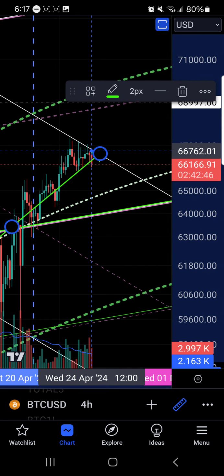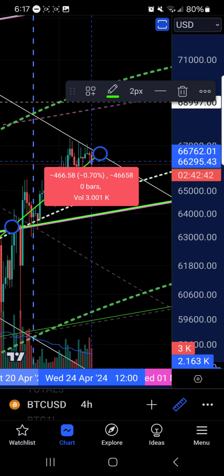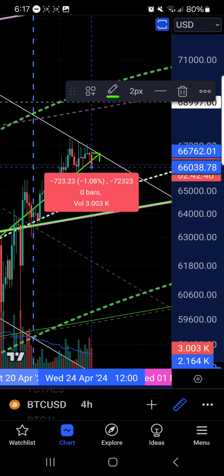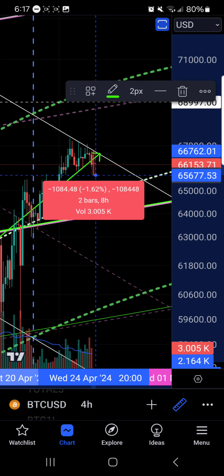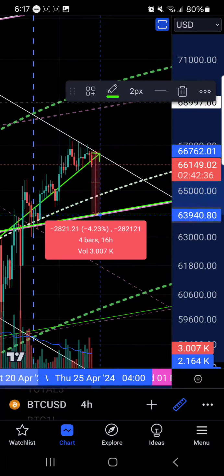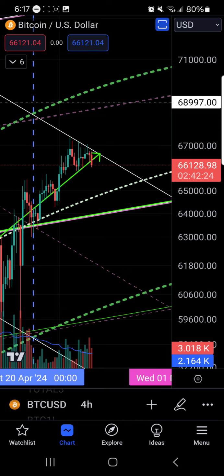We've just since then had a pretty significant move downwards, about 1% or so. Remember, 4% would take us where? Right to the bottom of our parallel channel here. So that's what I see us doing until Friday.